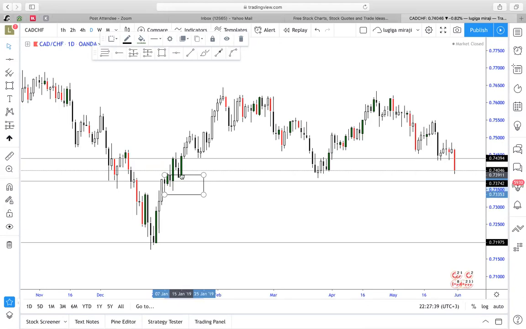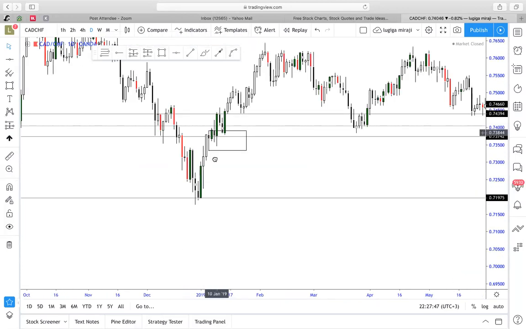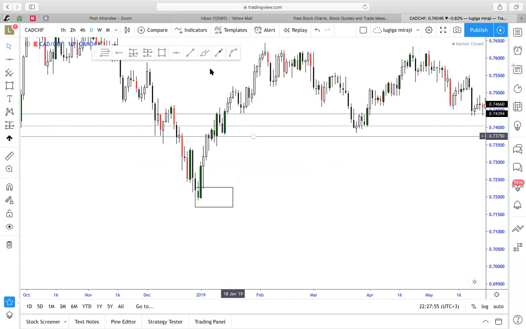So when we talk about valleys and peaks, this is the valley. Why am I saying this is the valley? Look at what I was talking about. Price was dropping. Look at this candle drop, but it failed to drop further.